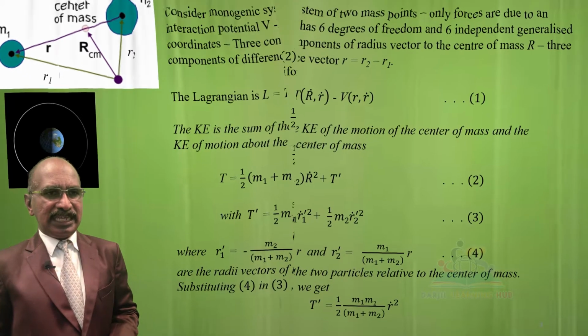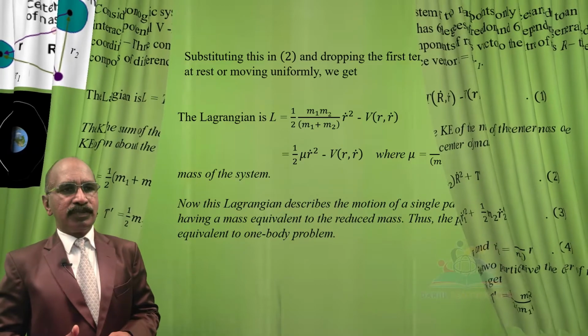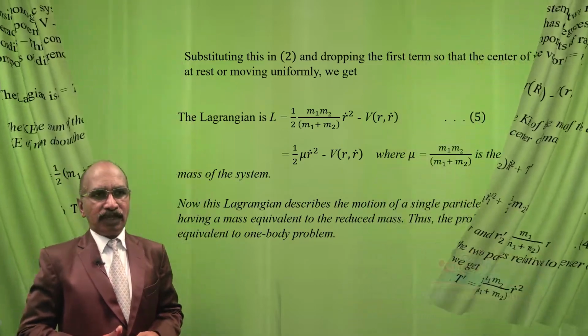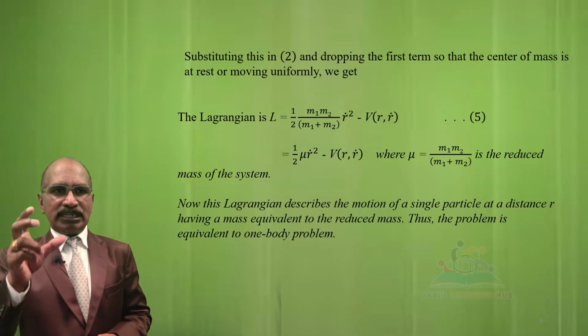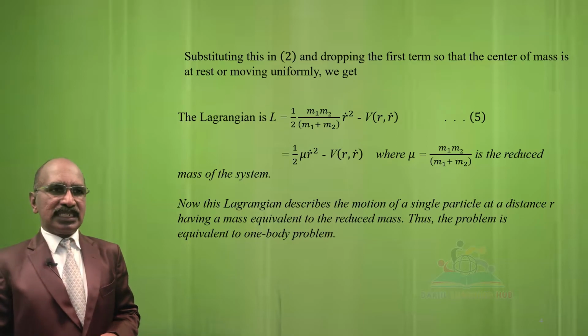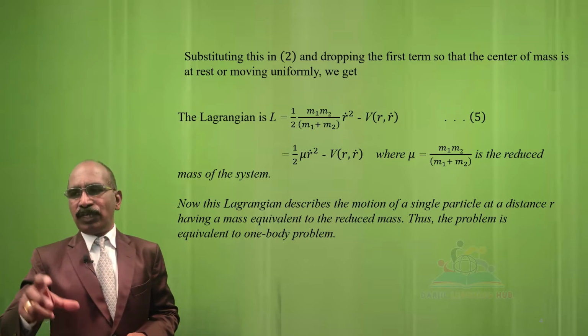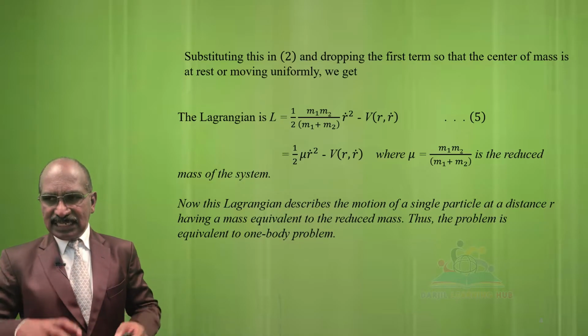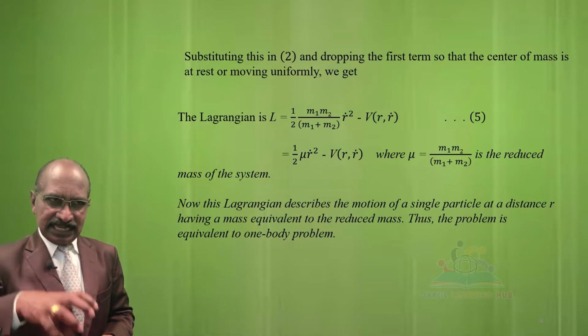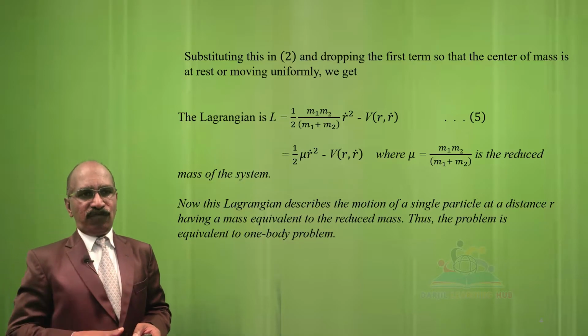What you will get here is that the first term could be neglected. Substituting this in equation number 2 and dropping the first term, we consider the center of mass to be at rest or moving uniformly.